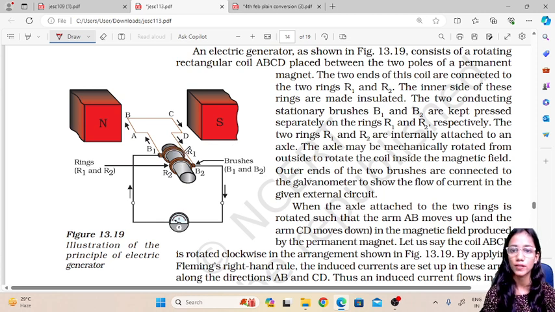The full rings R1 and R2 are in contact with B1 and B2 respectively.